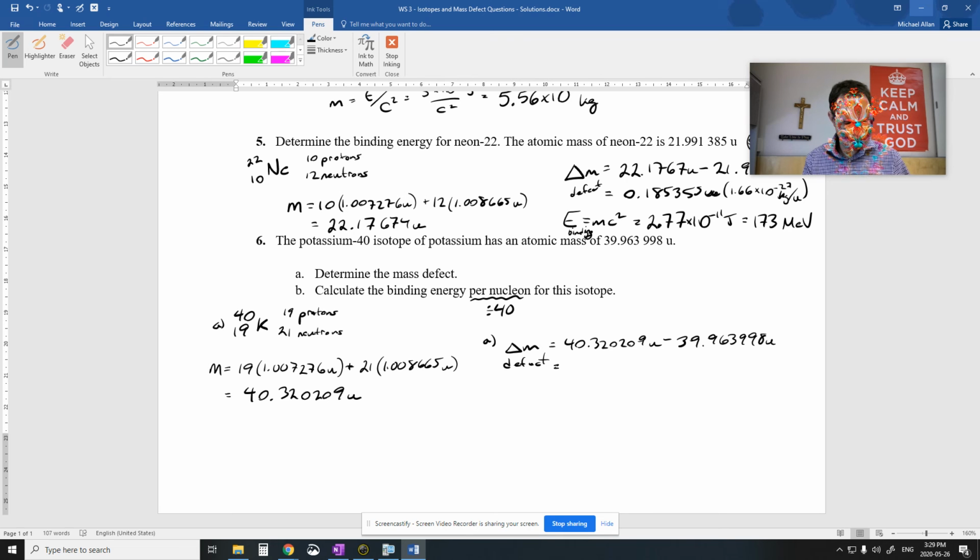Let's just increase that up for a bit. What do we get? 0.356211 atomic mass units. I'm going to change that into kilograms. Remember, to do that, you times by 1.66 e to the negative 27. So I get 5.913 times 10 to the negative 28 kilograms.